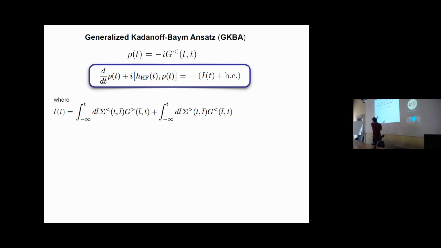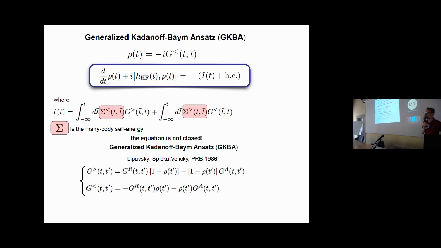Because you see that even if you know the self-energy, but you don't know the self-energy in general, there is still an explicit dependence on G lesser and G greater, while the only unknown quantity that you would like is the density matrix. So now, how can we close the equations? The idea is to make an approximation not on the self-energy, but on the shape of the Green's function.